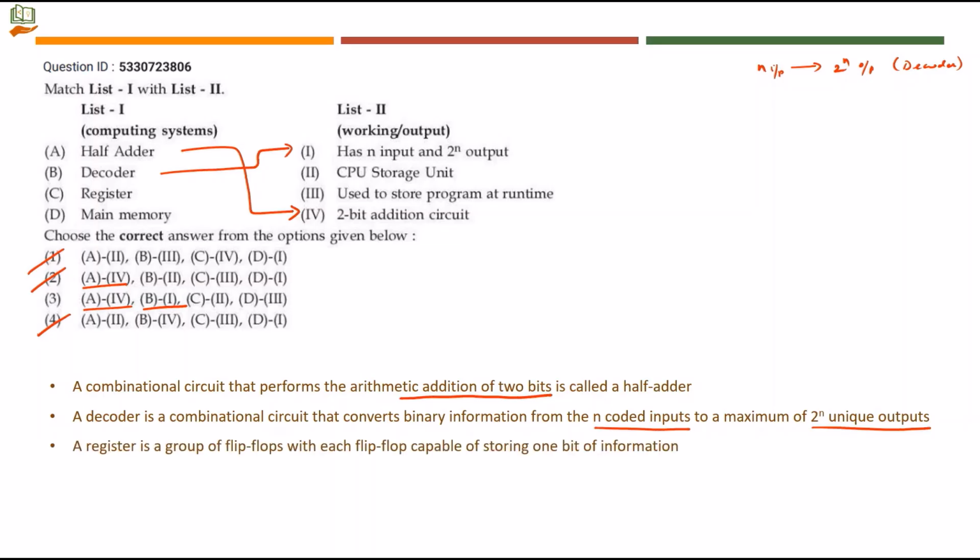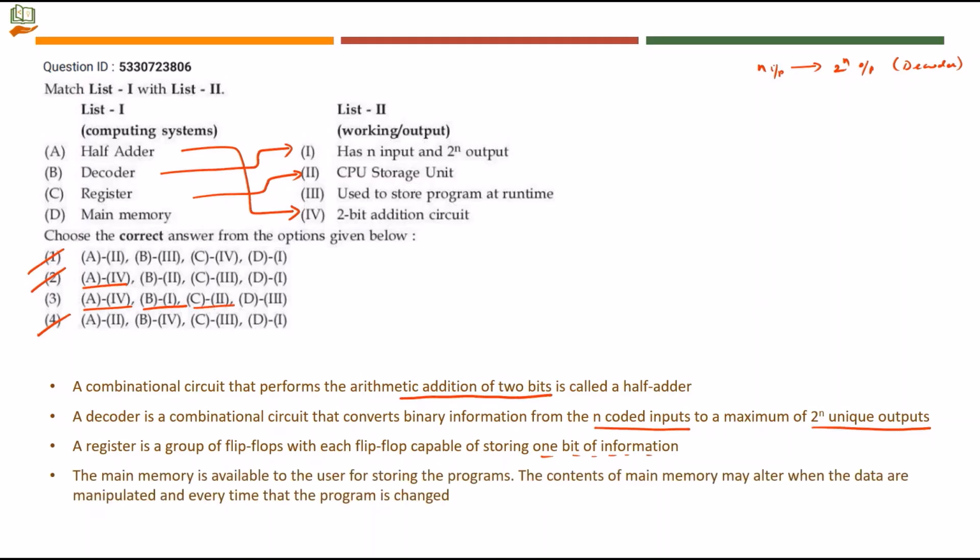What about register? A register is a group of flip-flops with each flip-flop capable of storing 1 bit of information. This can be equated to CPU storage unit. C will be mapping to 2. What about main memory? The main memory is available to the user for storing programs. The contents of main memory may alter. It means it may change when the data are manipulated and every time the program is changed.